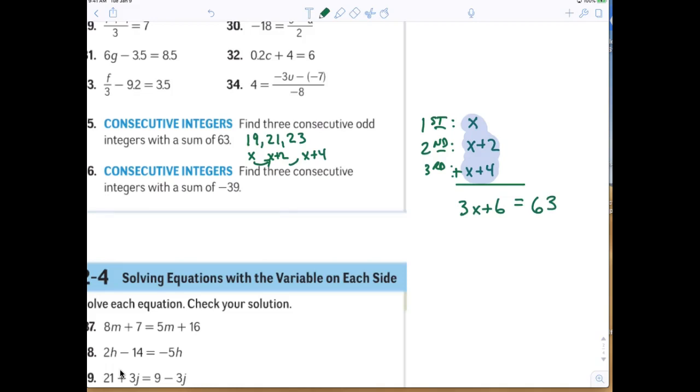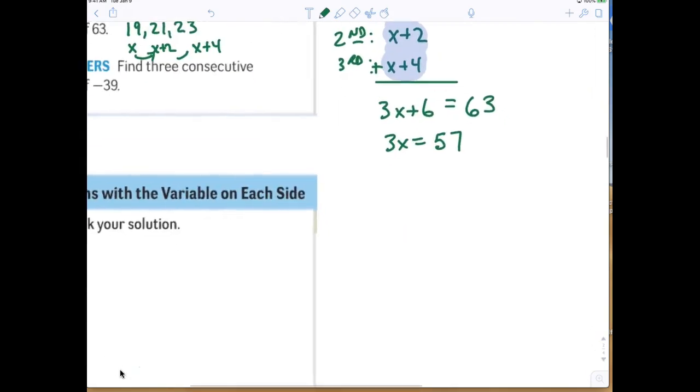Now, how do I solve that? What do I do to both sides? Minus 6. So 3x is equal to 57. Now divide by 3. So x equals what? Very good.